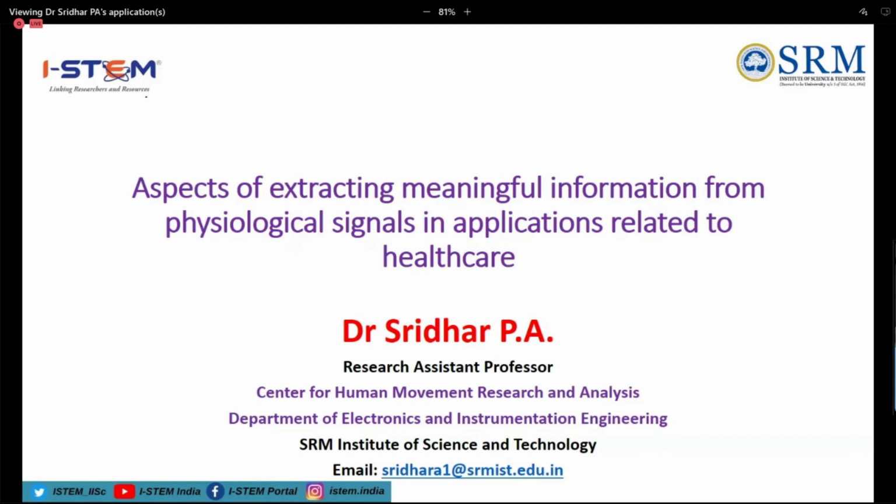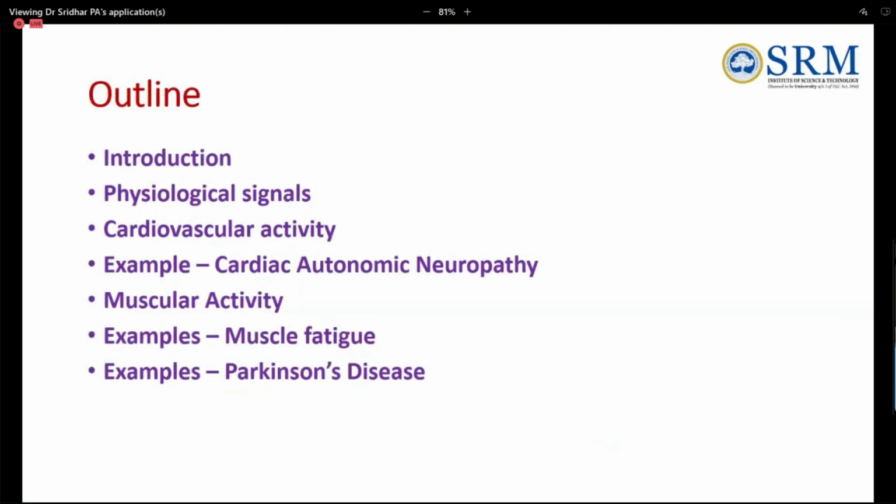into this particular field. To start with, I have been working on physiological signals in various applications for the last few years.